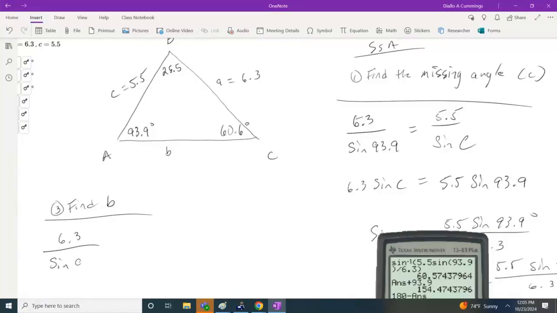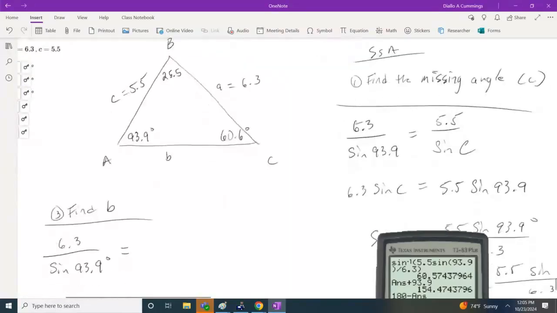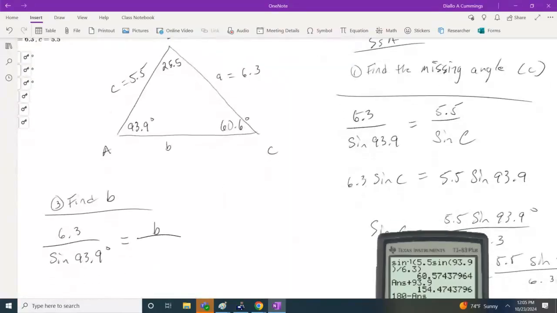6.3 divided by the sine of 93.9. And I want to set that equal to side length B, which we don't know.